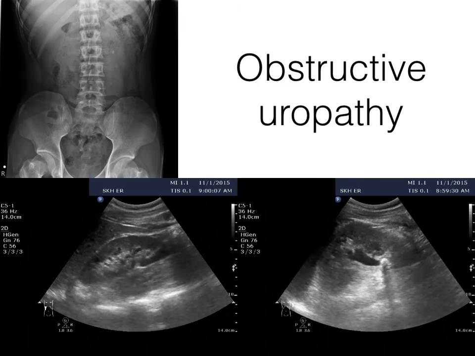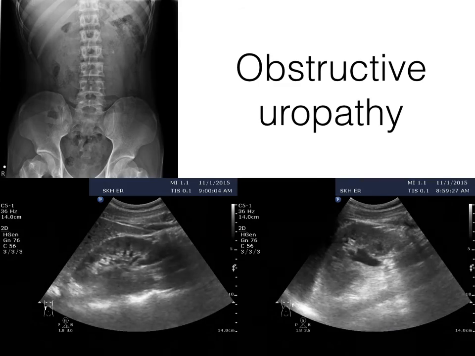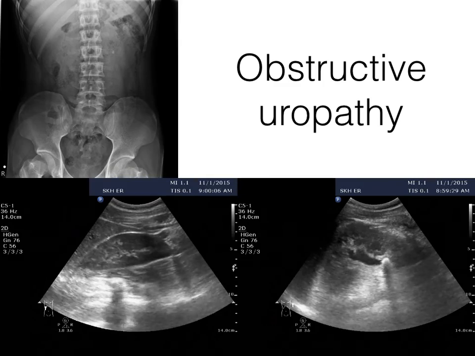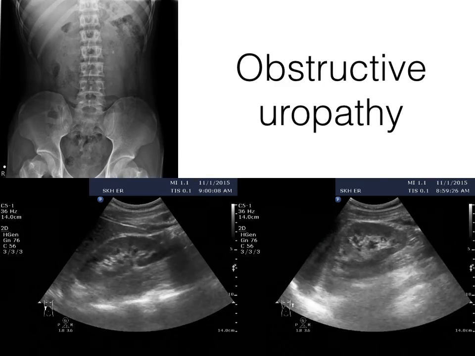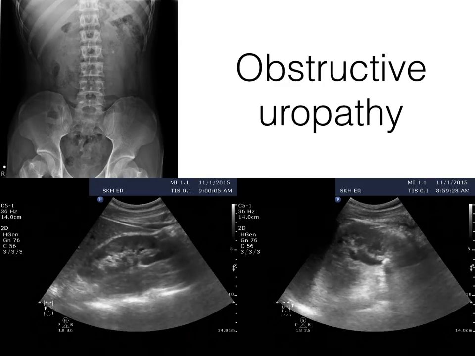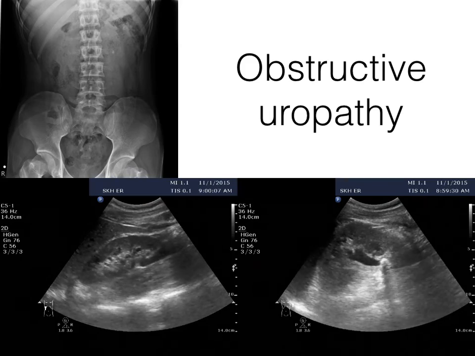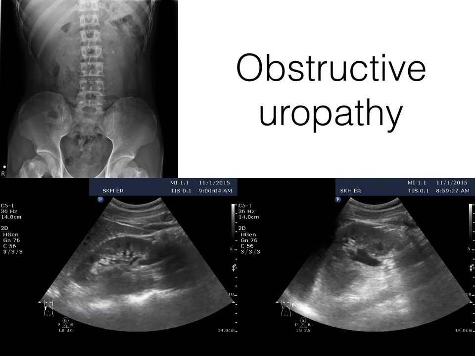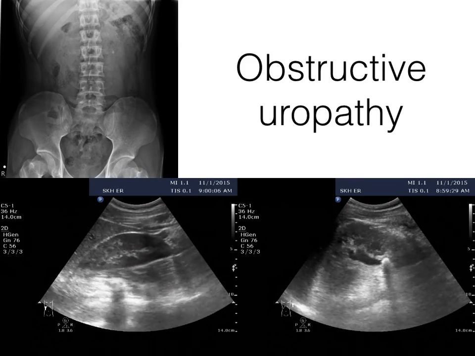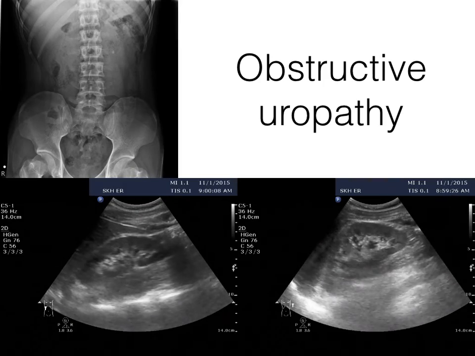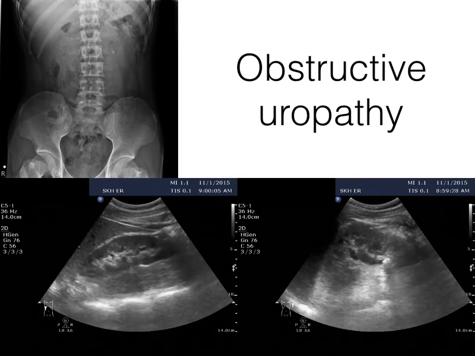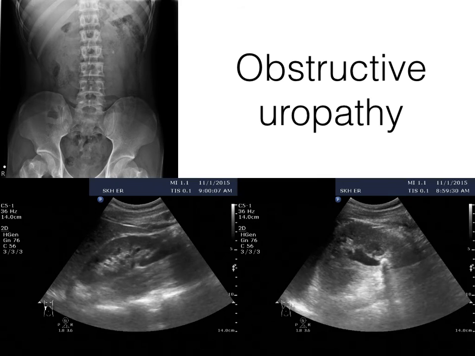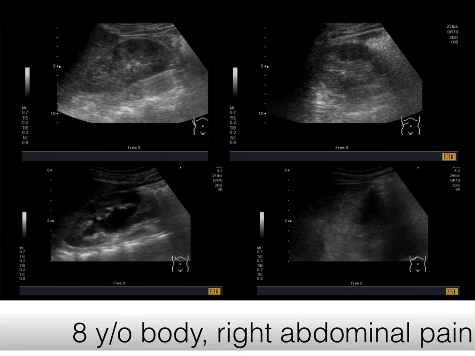Sometimes you see direct evidence, sometimes indirect evidence. Indirect evidence is the dilated calyx. The direct evidence is the hyperechoic stone. Sometimes the stone is too tiny to observe, so I can only find the indirect evidence, then look upward to find the direct evidence.